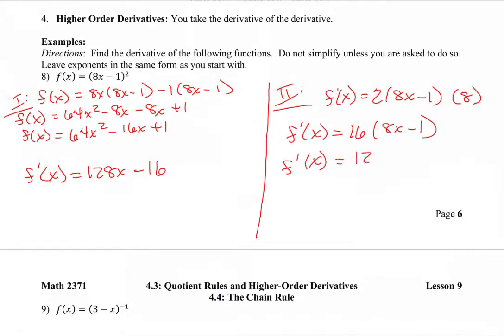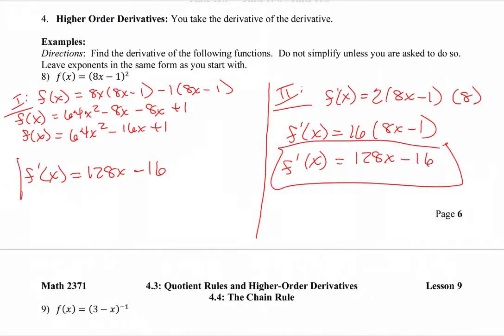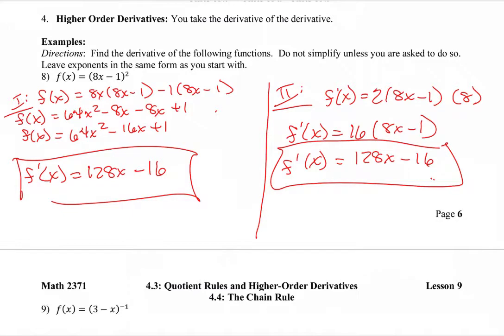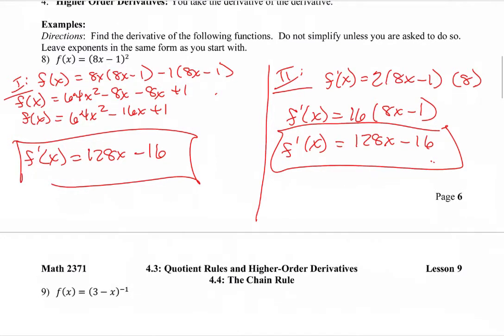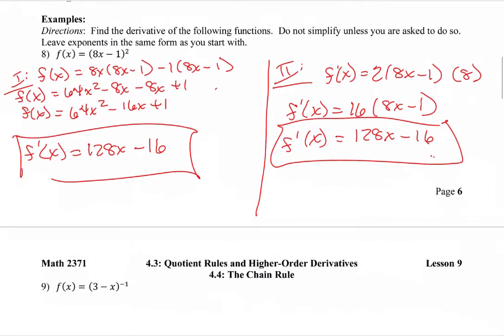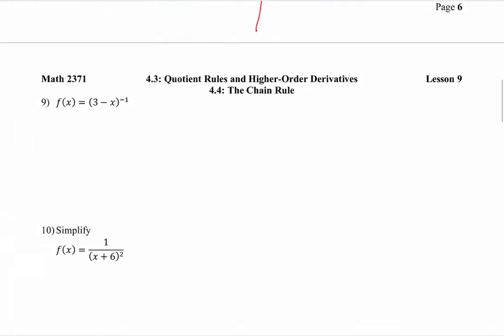So I get 128x minus 16. So I either have to do a lot of multiplication up front or a lot of simple multiplication at the end. All right? Now, you only have to simplify when the question says to simplify. Okay?